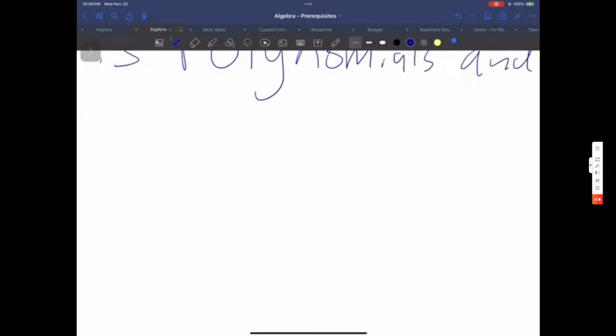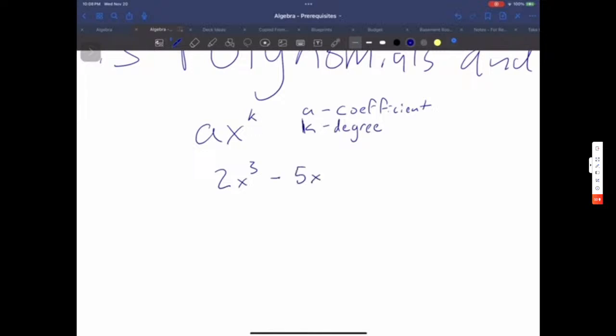The terms of a polynomial in x have the form ax to the k, where a is the coefficient, as I believe we've explained before, but k is the degree of the term. That's what it's called. For instance, a third degree polynomial would be something like 2x to the 3 minus 5x squared plus 1.